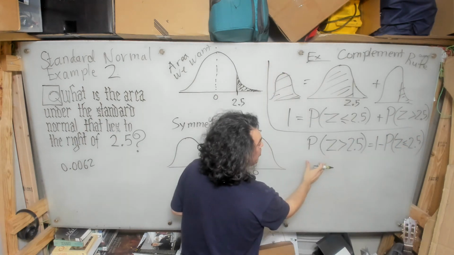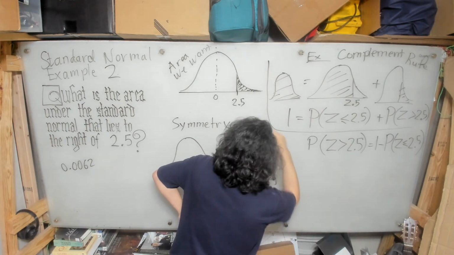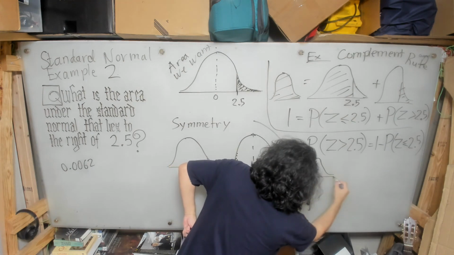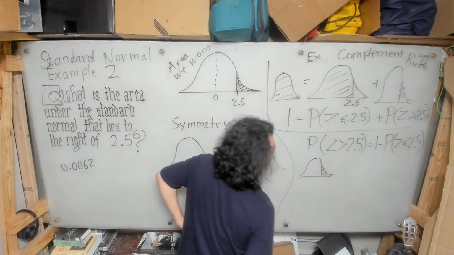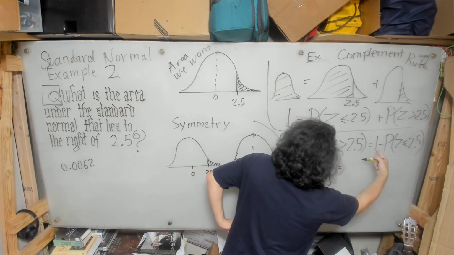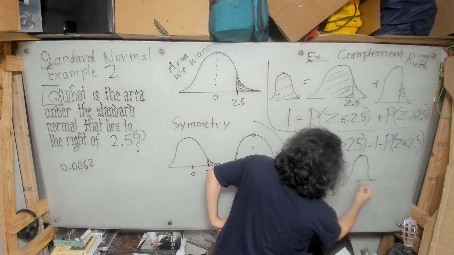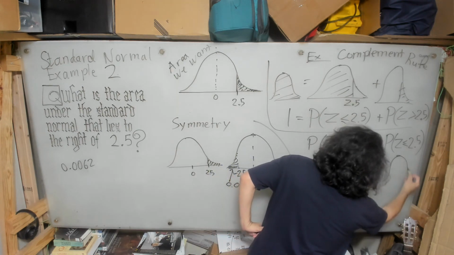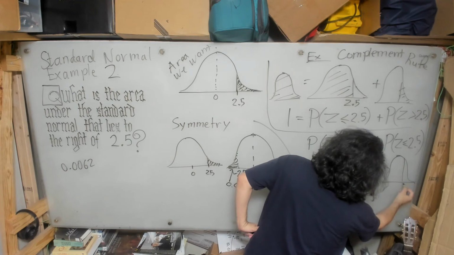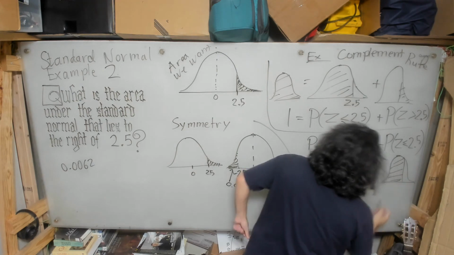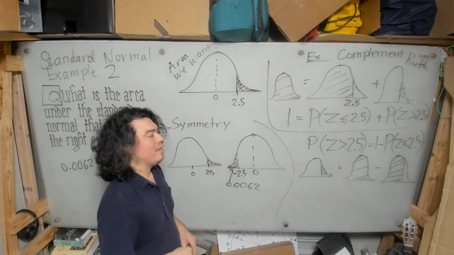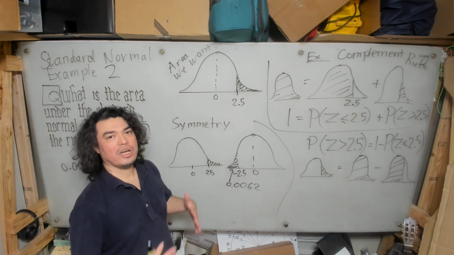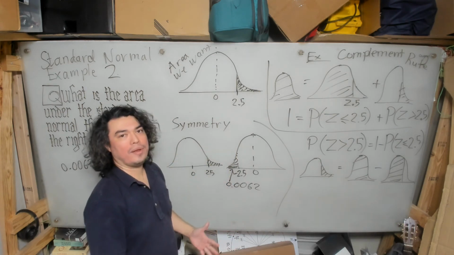If I draw the pictures, the area to the right of 2.5 under the normal curve, which is what we want, is equal to the area of the whole normal curve, which is 1, minus the area to the left of 2.5 under the standard normal curve. And of course, that is exactly the way we did it originally, but I wanted to take this opportunity to show you how what we did visually was just an application of the complement rule.